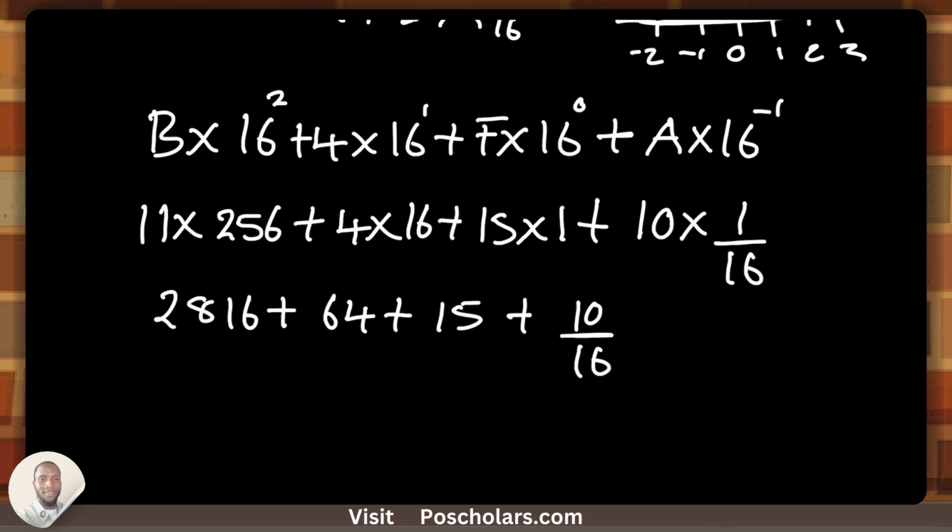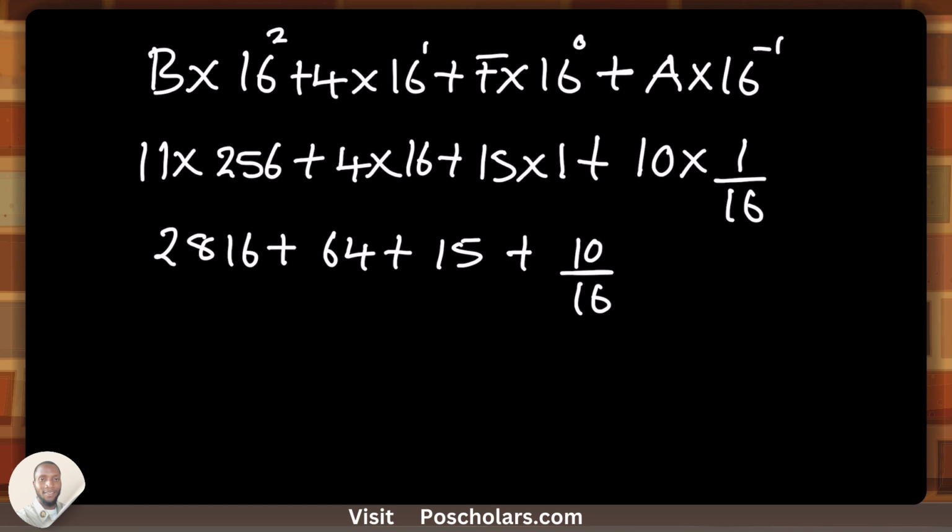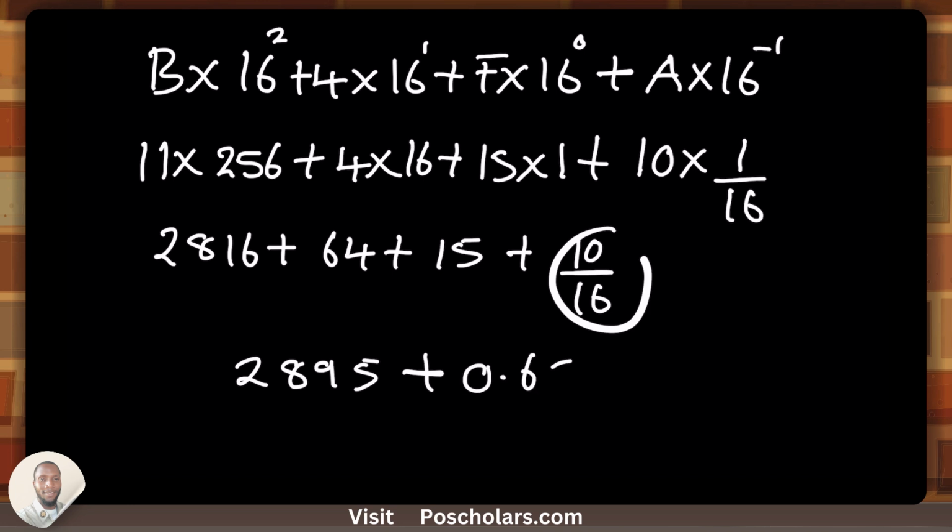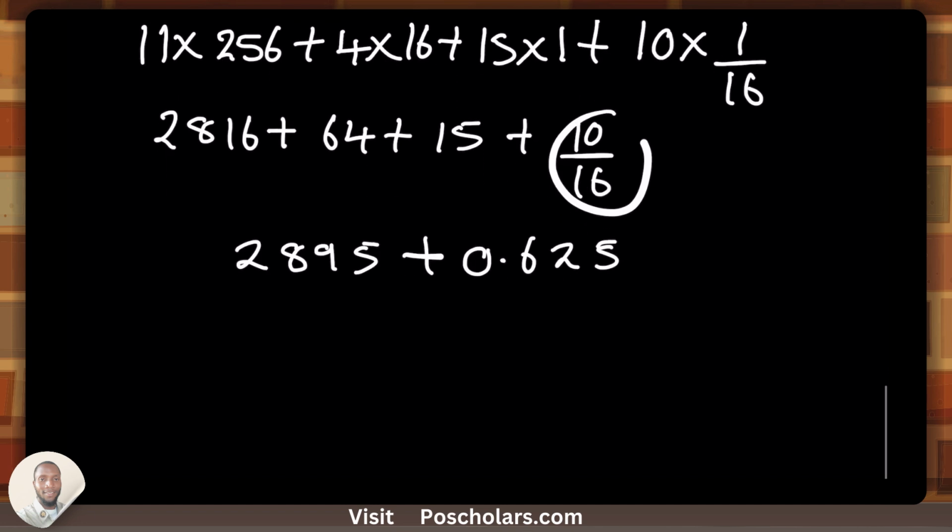over 16, right? Then if you add 2,816 plus 64 plus 15, you have 2,895 plus. Then if you convert 10 over 16 to a decimal, you have 0.625. And when you add these two together, you have 2,895.625.